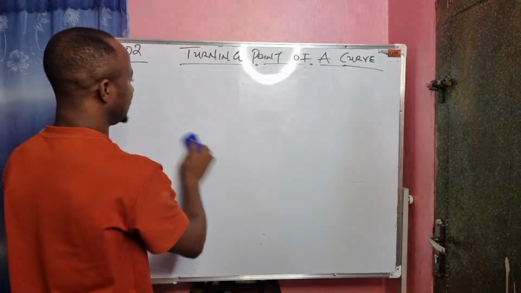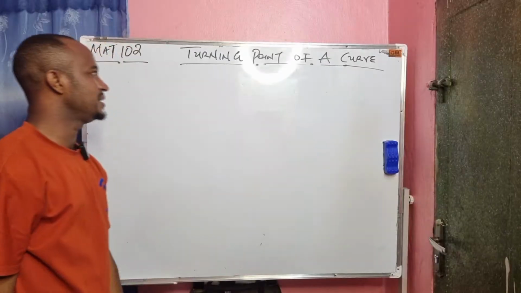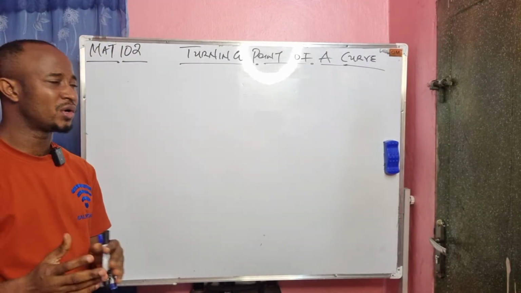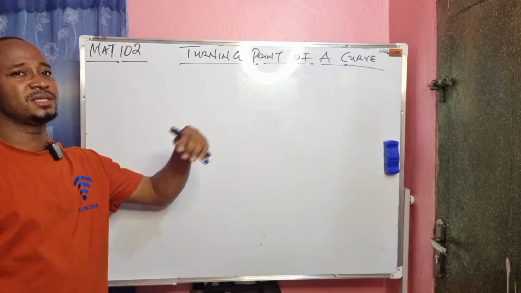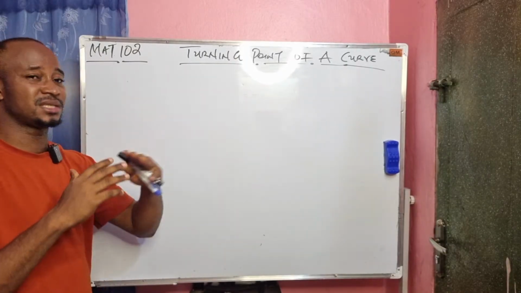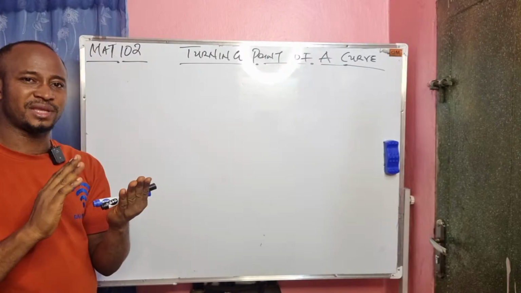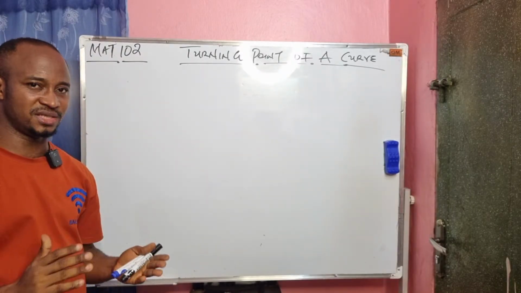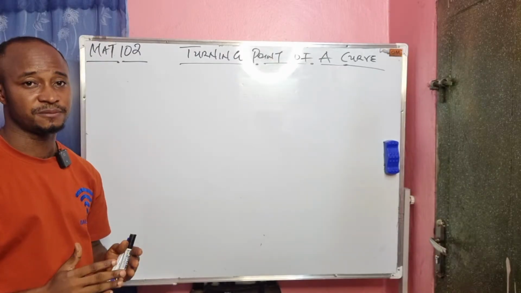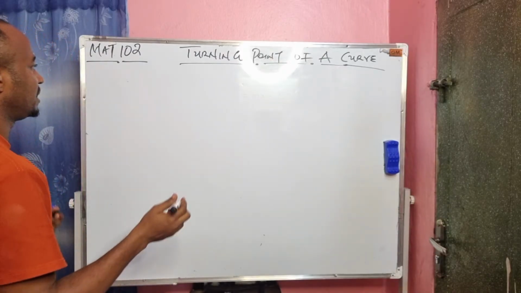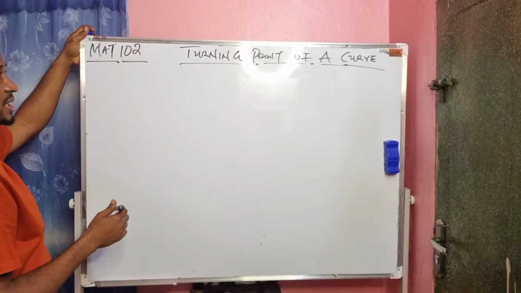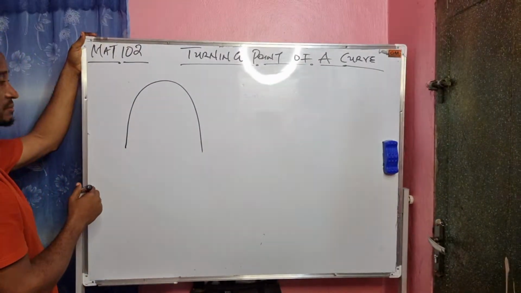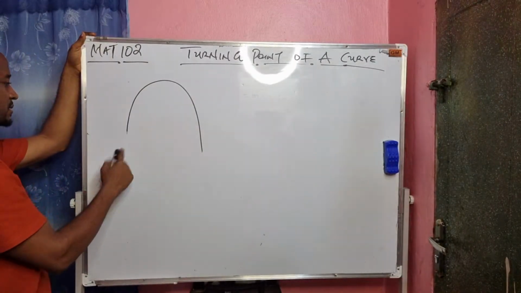Now, what exactly is the turning point of a curve? Turning point means a point where the curve tends to change direction, either from increasing to decreasing or the other way round. That's called a turning point of a curve. Let me give you an instance. If I have a graph of this kind, what do you notice here?